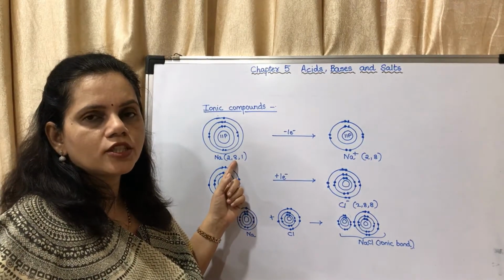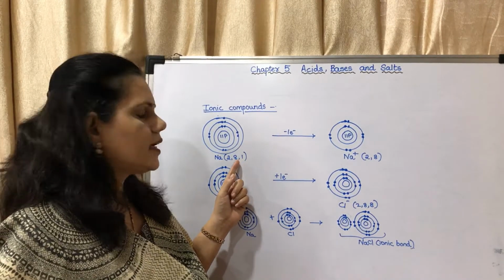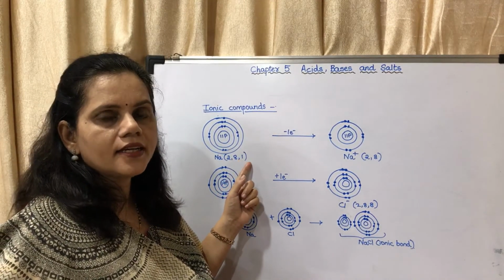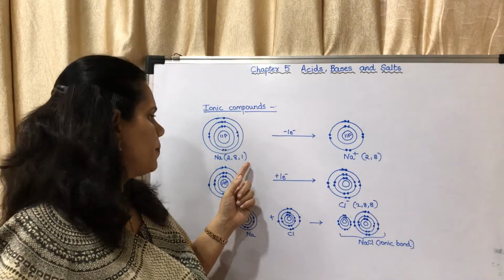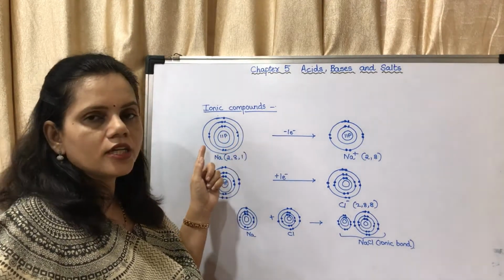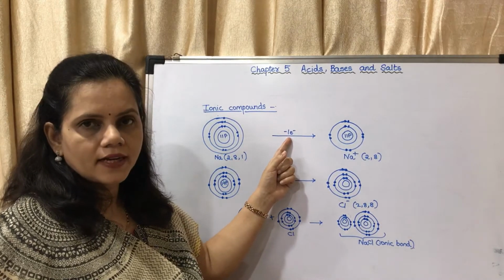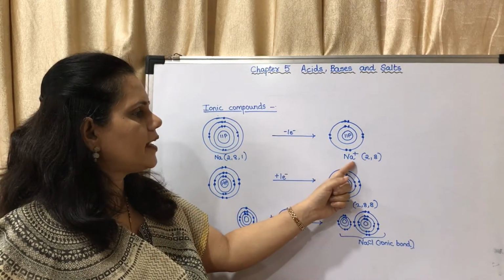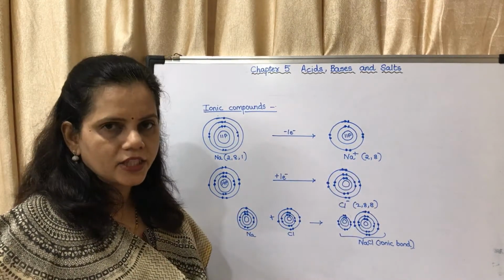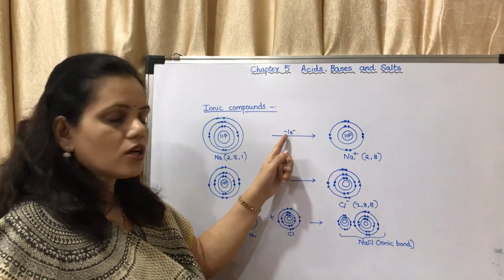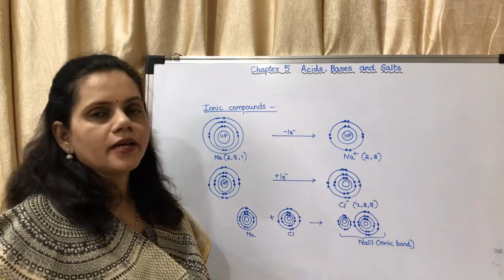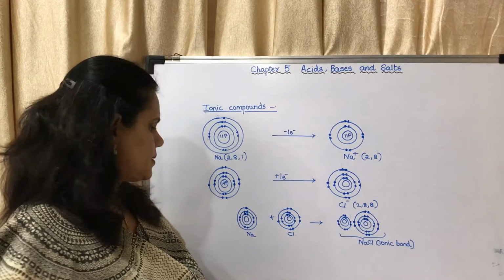That means 2 electrons in the first shell, 8 electrons in the second shell and 1 electron in the last shell. So it is having 1 electron in the outermost shell. So what will it do? It will lose that 1 electron and form Na plus, which will be 2, 8. Here you may see it has lost 1 electron, so it will become Na 1 plus.